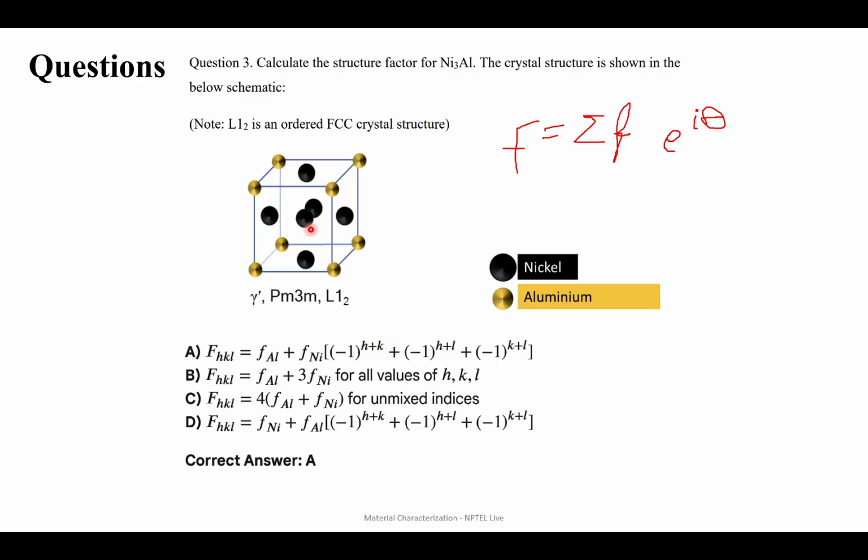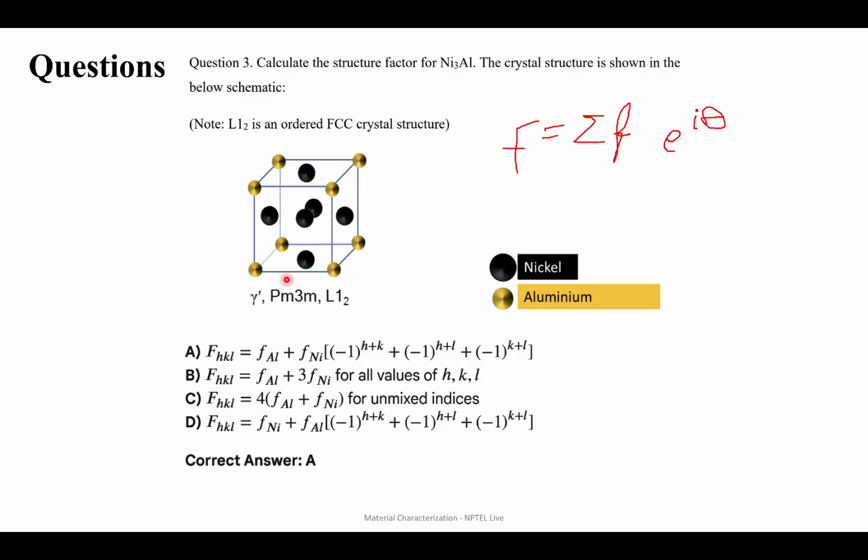Similarly, for half, 0, half, it will become e^(-iπ(h+l)), and for 0, half, half, it will become e^(-iπ(k+l)). Since these are only nickel atoms, it will be multiplied by the nickel scattering factor. So this will be the final answer.